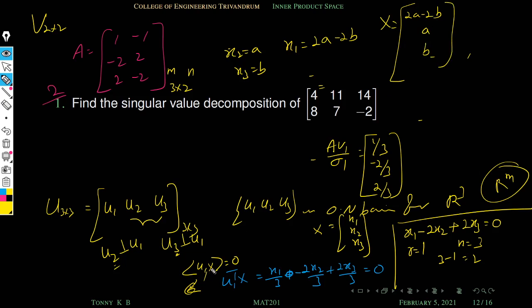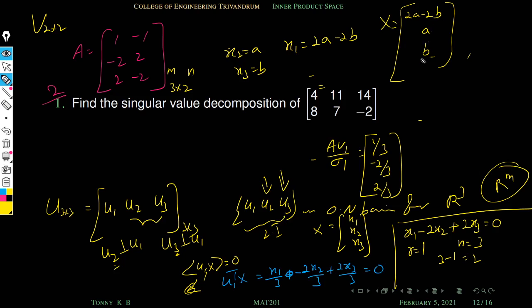Then what is our aim? Our aim is to find particular u2 and u3 such that this is an orthonormal basis. It is a basis means it should be linearly independent. So we have to construct u2 and u3 such that the entire set is linearly independent.